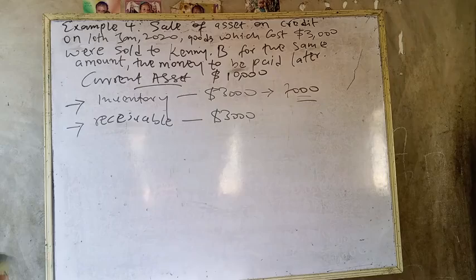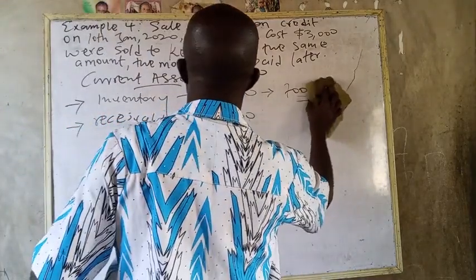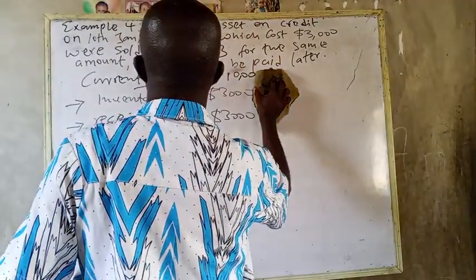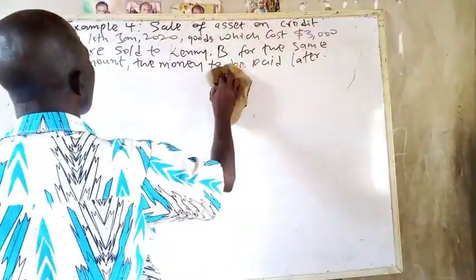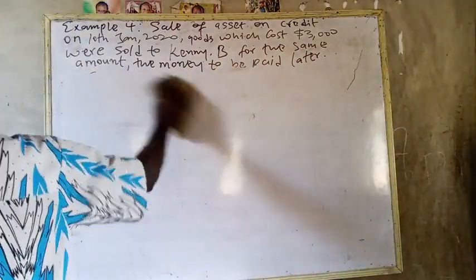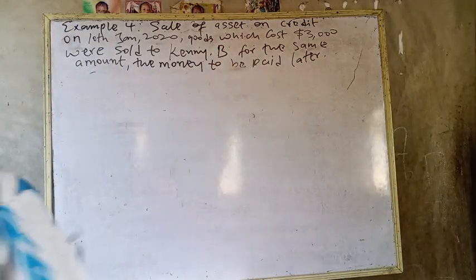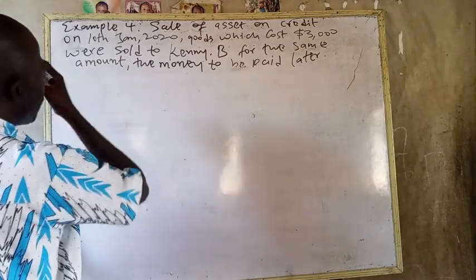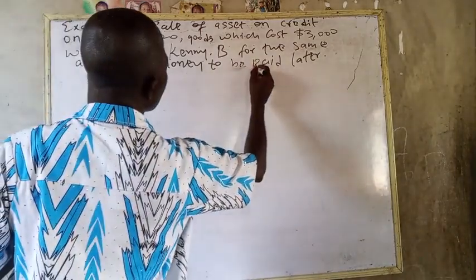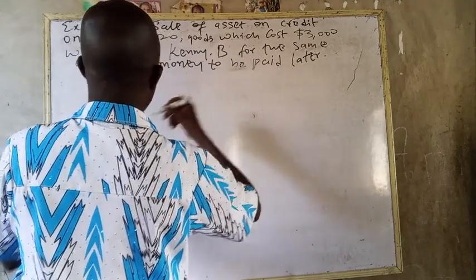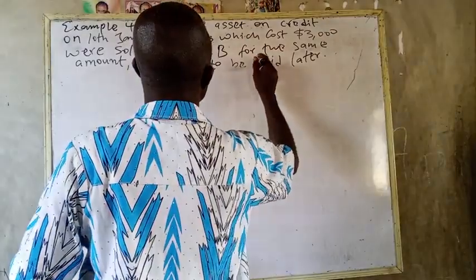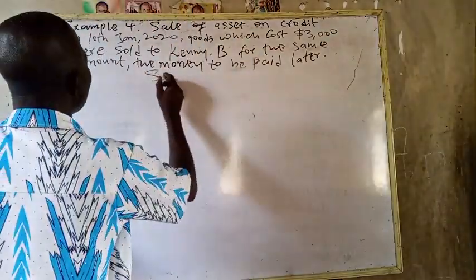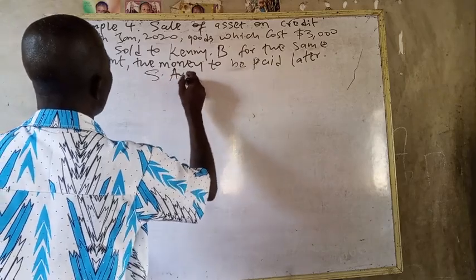Okay, let's go and open the balance sheet. Let's go and open the balance sheet. Like I told you, we are opening the balance sheet to start. The name of the owner of the business, and that is S. Ayodele.